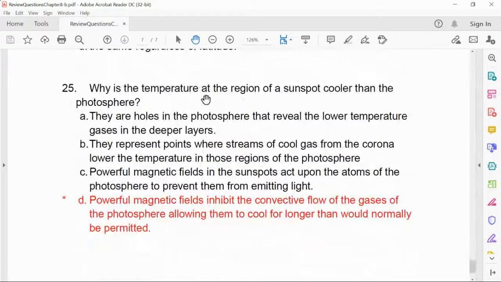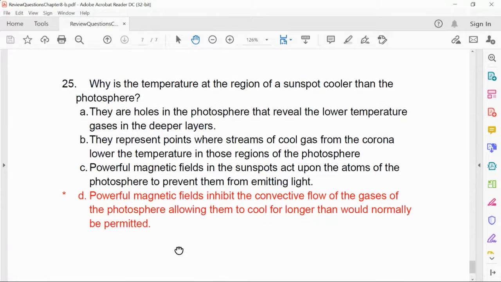Why is the temperature at the region of a sunspot cooler than the photosphere? We said that the surface temperature of the sun is 5,800 Kelvin. In a sunspot, it's about 4,240 Kelvin. Well, the reason for that, powerful magnetic fields inhibit the convective flow of the gases of the photosphere, allowing them to cool for longer than would normally be permitted.